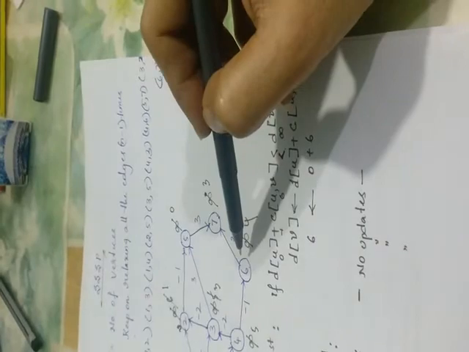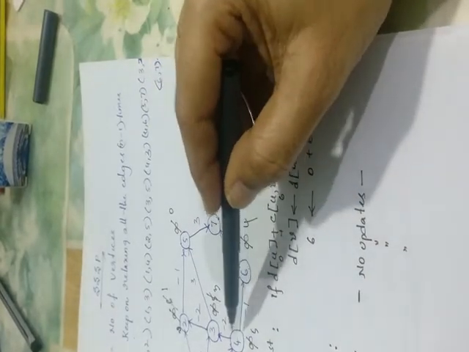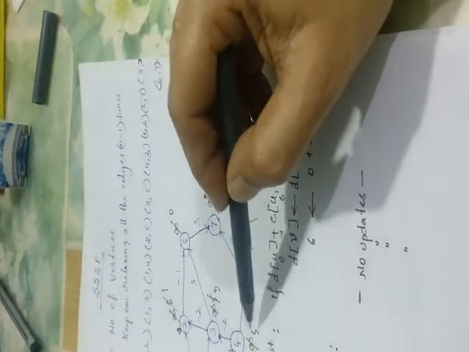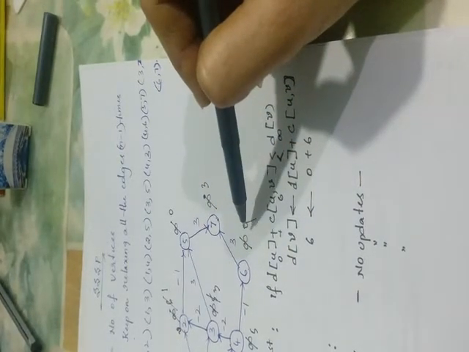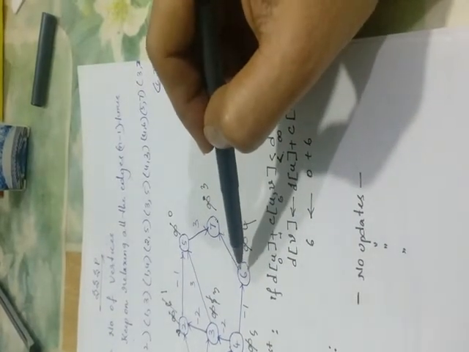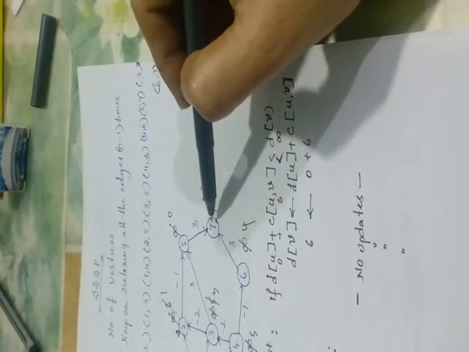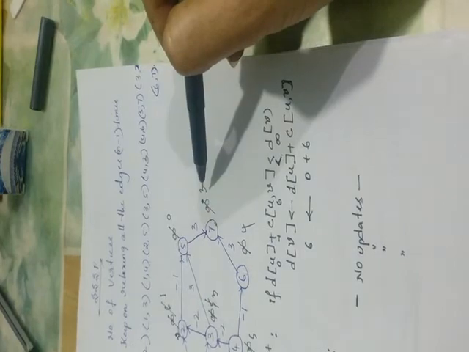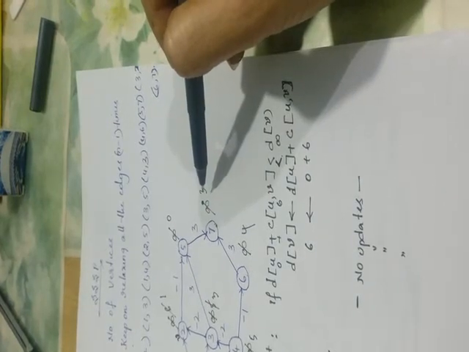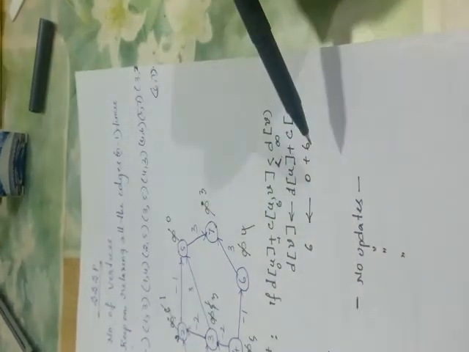And 4 to 6: 5 minus 1 is 4, this also is not changing. Next I am going to take 6 to 7: 6 is 4, 4 plus 3 is 7, so that also is not going to update. So by the second iteration no changes happened.